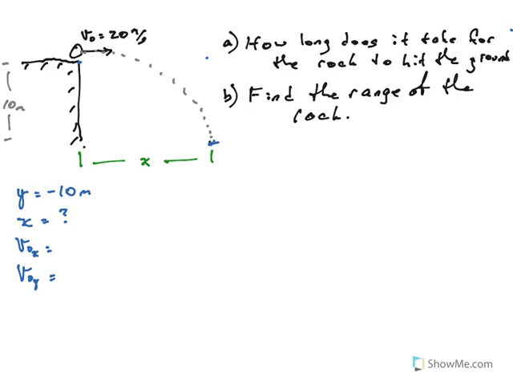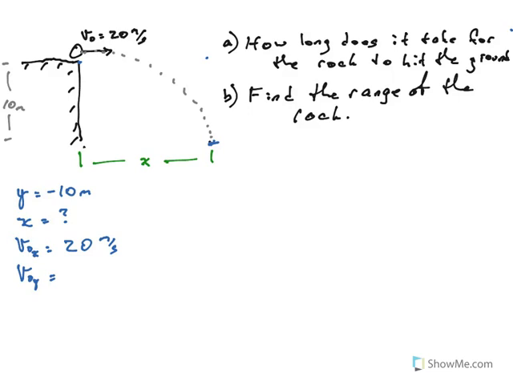So let's look at the problem. Is there an initial velocity in the x direction? Yes. This rock is thrown horizontally with a speed of 20 meters per second. That means the x directional initial velocity is 20 meters per second. But what about the y initial velocity?